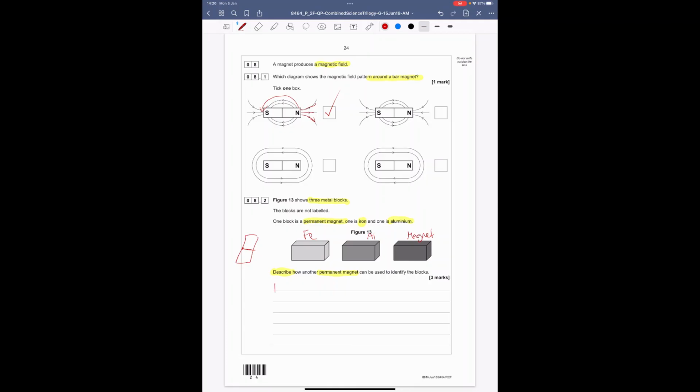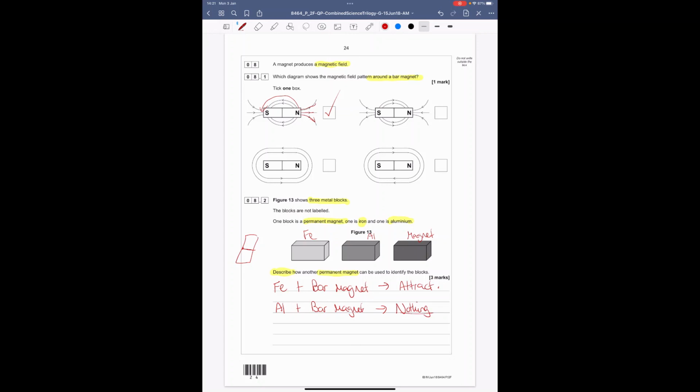What would happen? Well, if we brought iron and a bar magnet, remember iron is one of the 3 magnetic materials, so it would attract towards the bar magnet. If you had aluminium and a bar magnet, now aluminium is not a magnetic material, so nothing would happen. You would get no attraction.